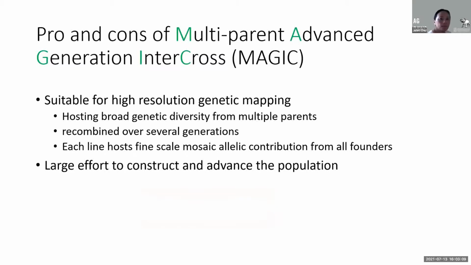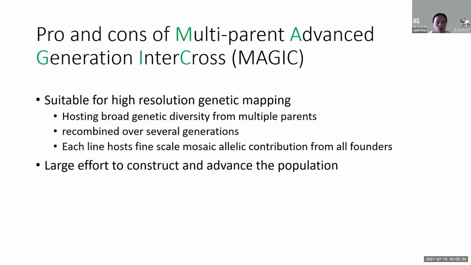So the MAGIC population stands for multi-parent advanced generation intercross population. As the name indicates, this population consists of multiple parents. With multiple parents, the unique divergent parents bring more genetic diversity to the population.